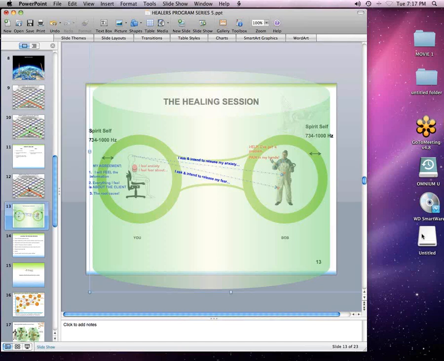I ask and intend to release my father's frequency from every cell in my heart and my chest and my throat. Very nice. Breathe in through the nose and exhale through the mouth.